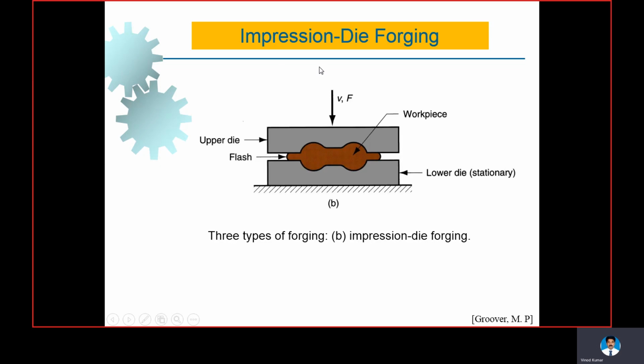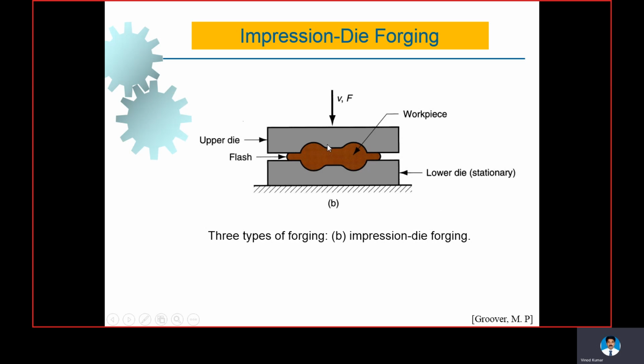Now you can see here in impression die forging, there is a particular shape to be produced. The upper die and lower die are produced based on the shape of the part to be produced. When we apply a load, the material will undergo plastic deformation because of compressive stress.